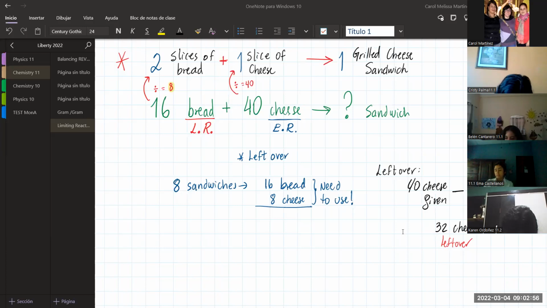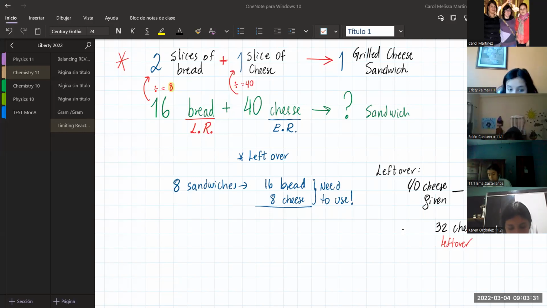And instead of sandwiches, you're going to have oxygen, for example, or a compound made of hydrogen, oxygen, and whatever else. So the analysis is going to be very similar. I'm not saying that we're going to do it exactly like this, but it's going to be very similar.